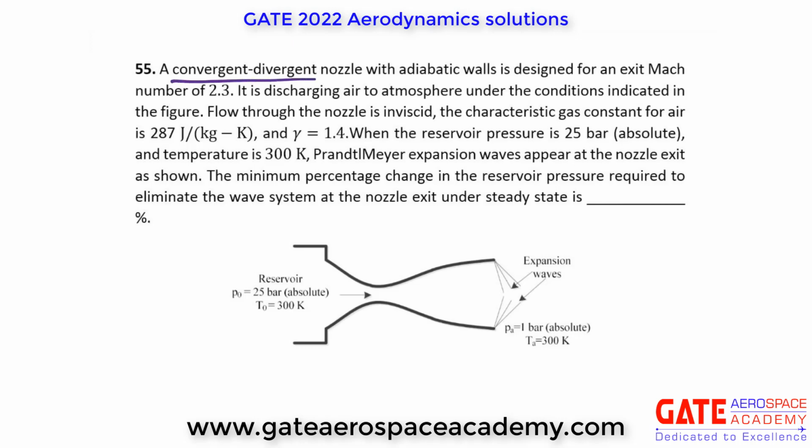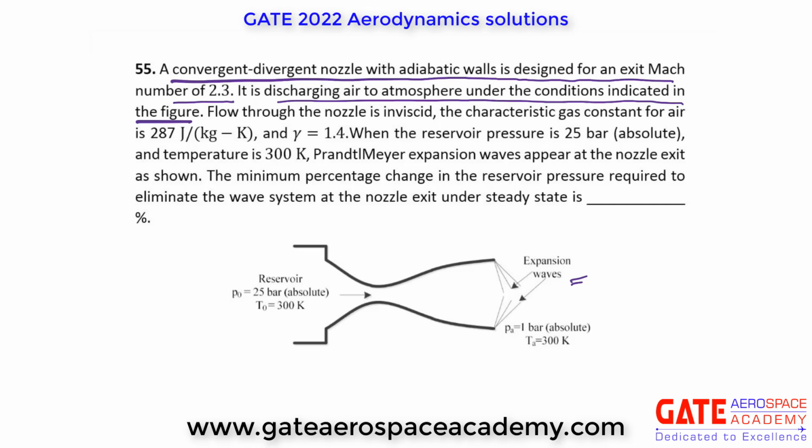Question number 55. A convergent divergent nozzle with adiabatic walls is designed for an exit Mach number of 2.3. It is discharging air to atmosphere under the conditions indicated in the figure, where there is a formation of expansion wave at the exit. Flow through the nozzle is envisaged. The characteristic gas constant for air is 287 joule per kilogram Kelvin.